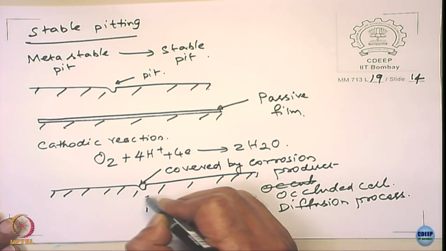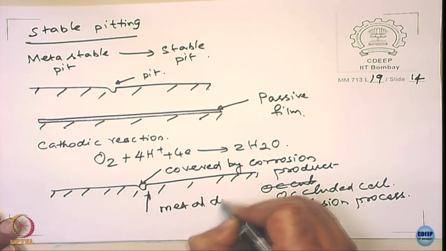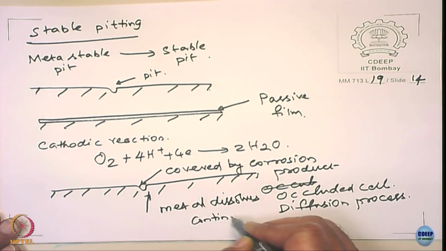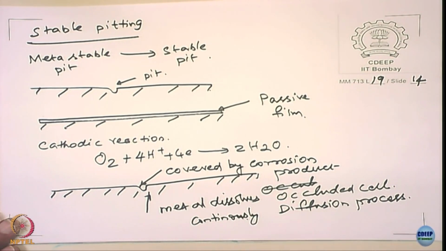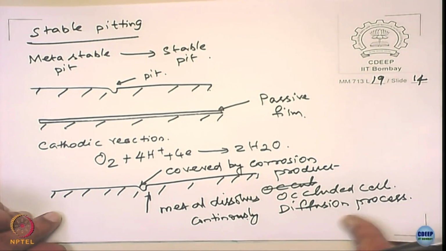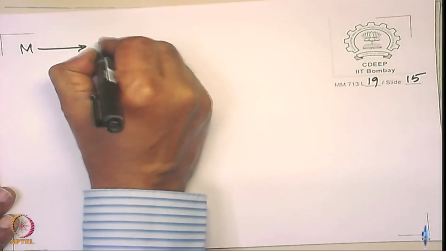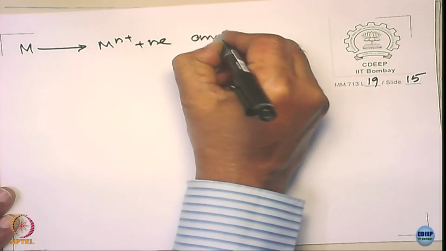Here the metal dissolves continuously. It will generate various cations. For example, M goes into solution as M^n+ plus an electron, and this becomes an anode.